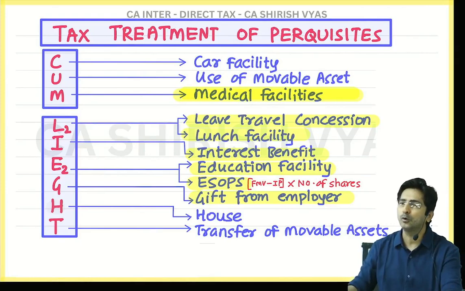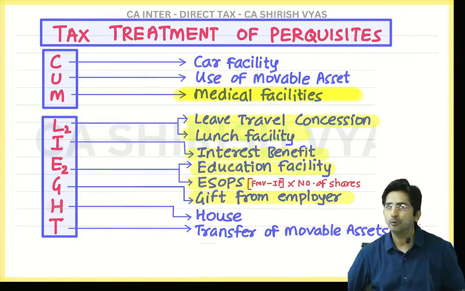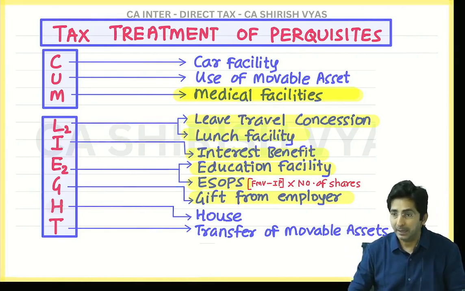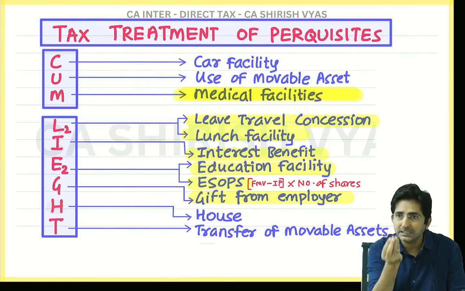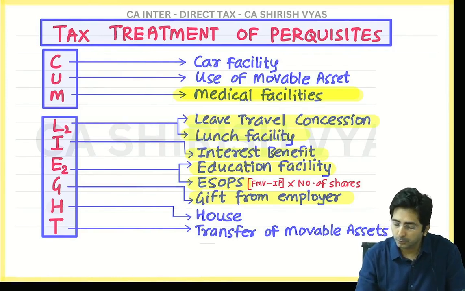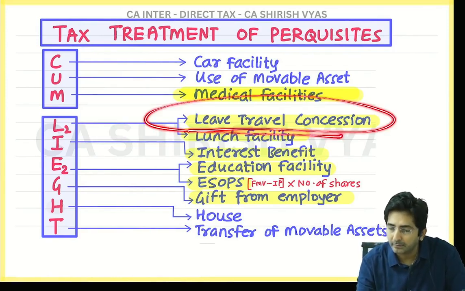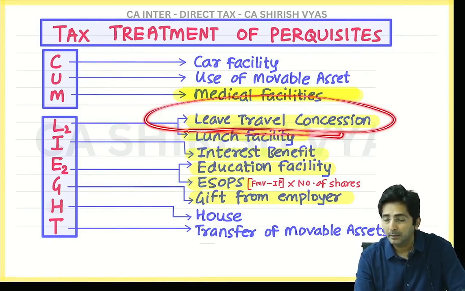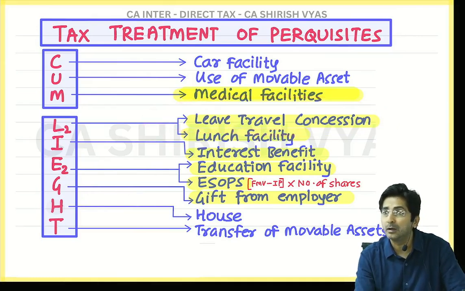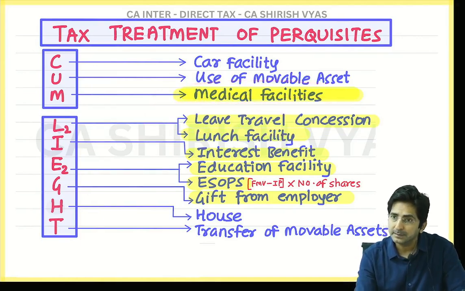If you don't know that, then what CA are you doing? Ideally speaking, you should know everything. But at least remember section 10. So here only, 10(5) came in leave travel. The rest of the things are given in Rule 3 of the Income Tax Rules 1962. Medical was given in section 17.